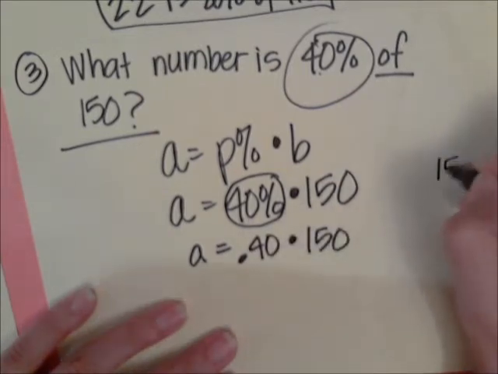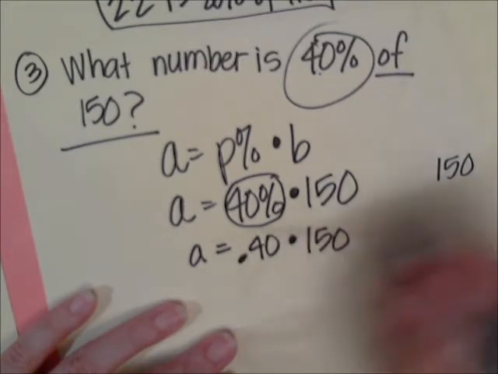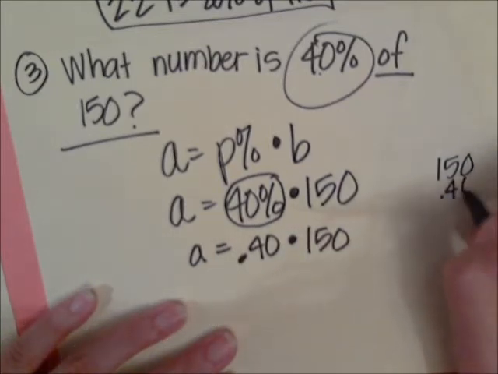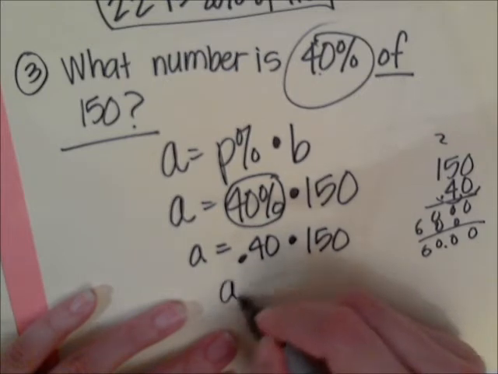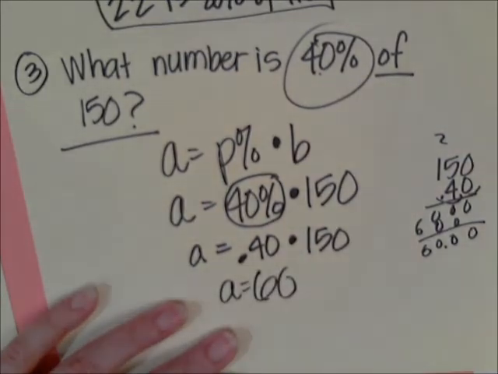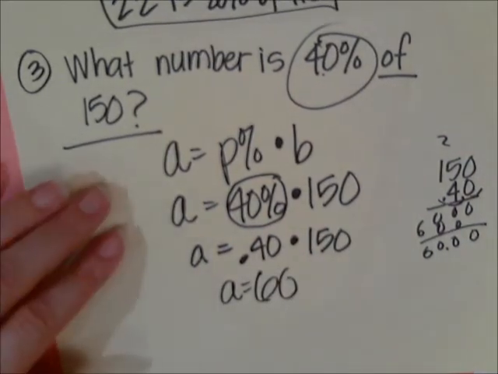I'm going to do my work over here. This is not a decimal, this is the multiplication sign. The answer is A equals 60. So once again, does that make sense?